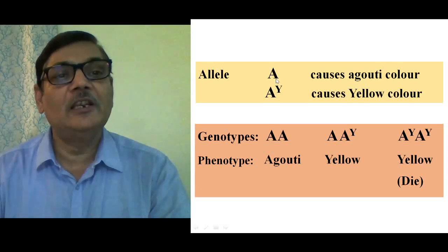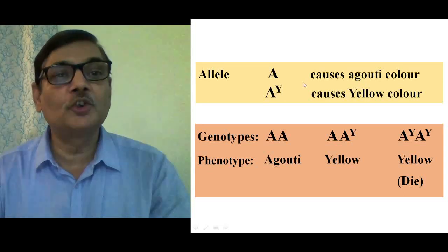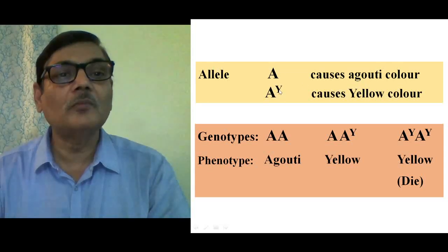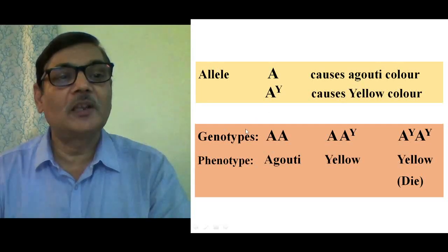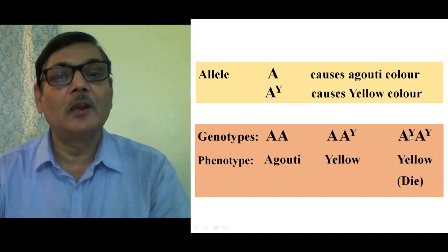Suppose we consider the specific locus which causes coat color. One form, capital A, causes agouti color, and its alternate form, A^Y, causes yellow color. Due to the presence of these two alleles, we can expect three different genotypes: AA, AA^Y, and A^YA^Y. These three genotypes will be possible.